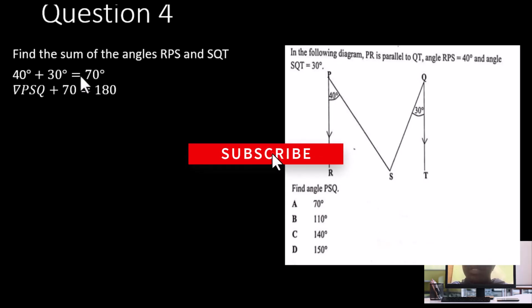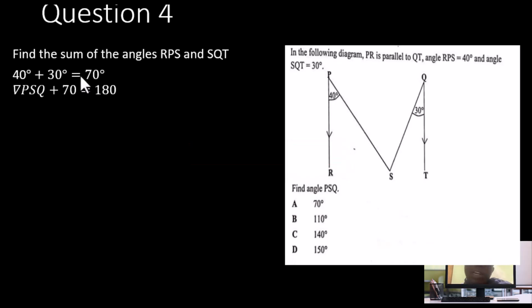Since PQ is parallel to the other line, the co-interior angles are supplementary, so the sum of the interior angles will add up to 180.